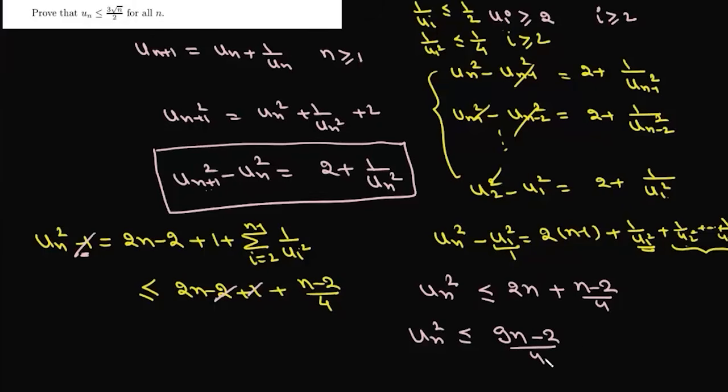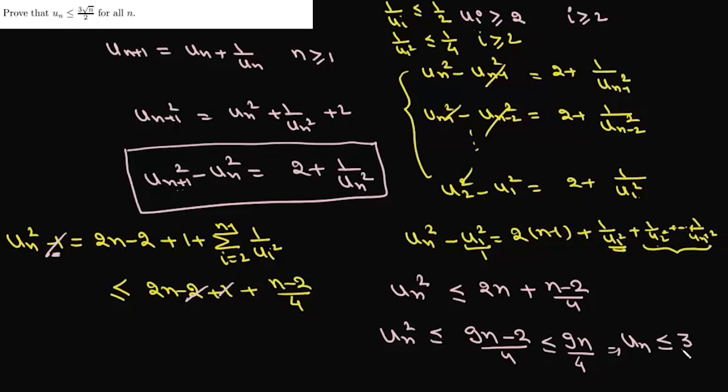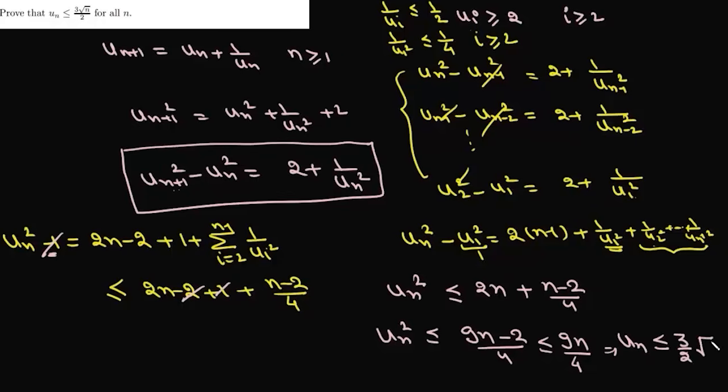Now this (9n minus 2) by 4 will be less than 9n by 4. If we take square root both sides, we can write this un will be less than 3 by 2 under root n, and which is what we need to prove in this question.